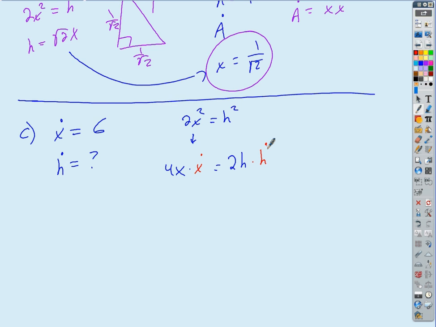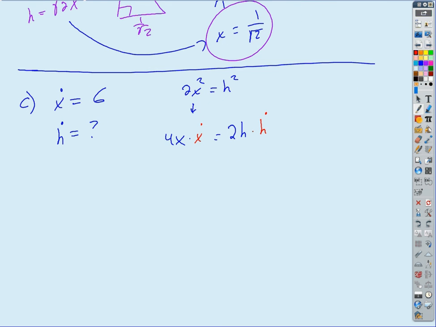And so if we want to solve for h dot, you can see the issue here, right? I can divide each side by 2, and I'm going to get h dot equals 2x x dot over h, right?